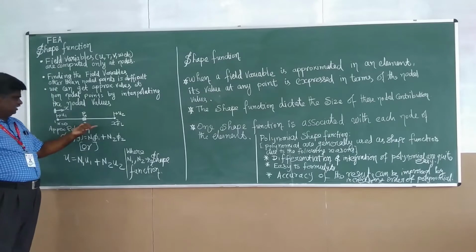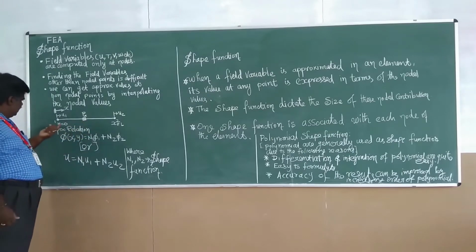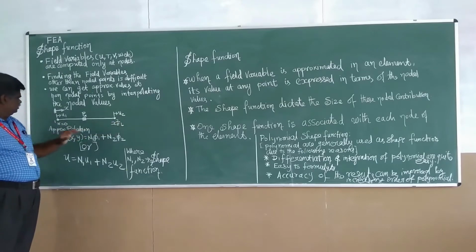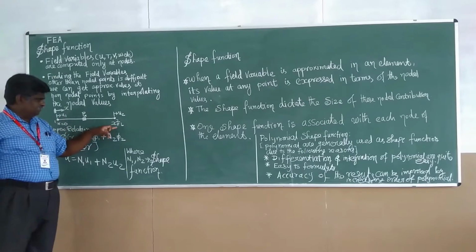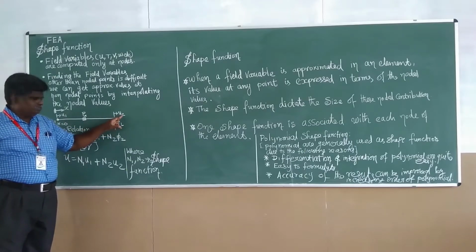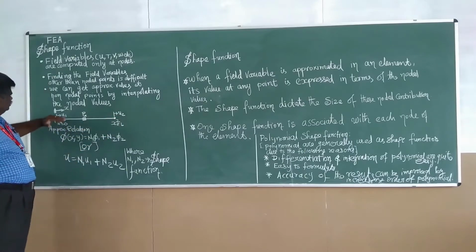Consider the linear bar element. It has two nodal points, nodal point 1 and nodal point 2. The displacement at nodal point 1 is u1, and the displacement at nodal point 2 is u2.